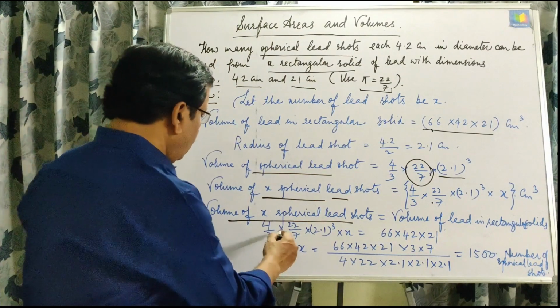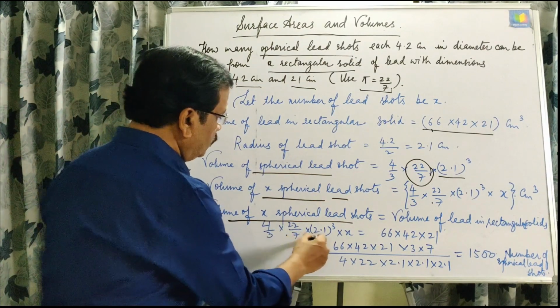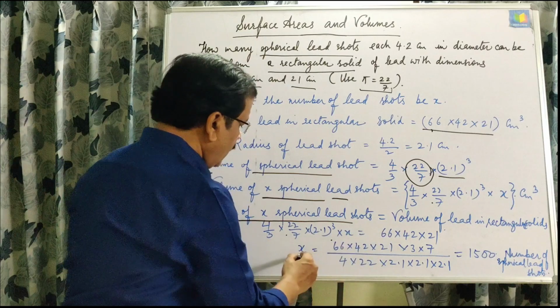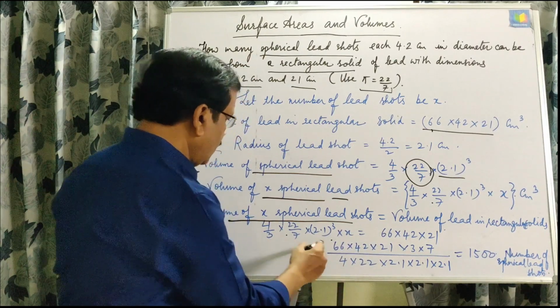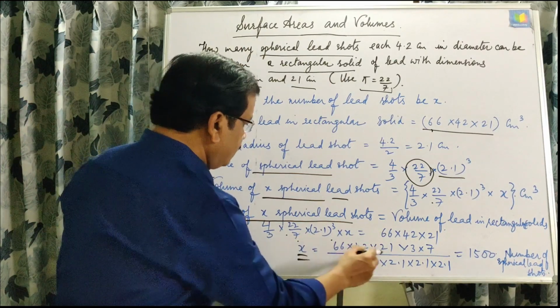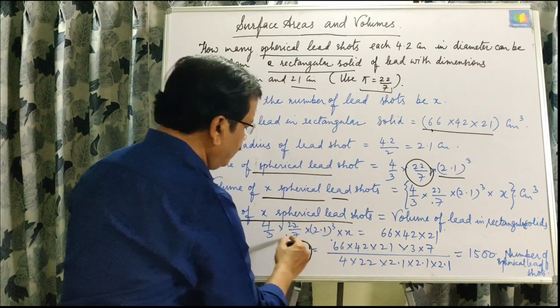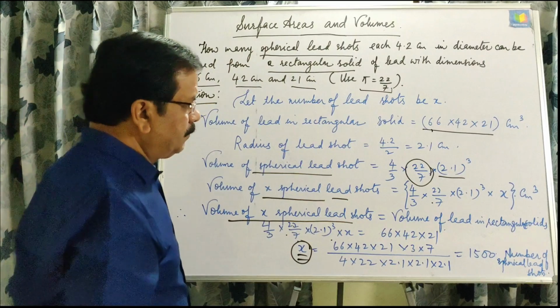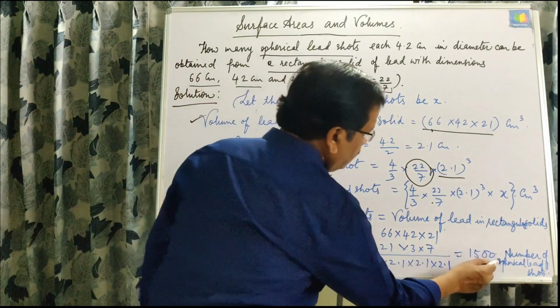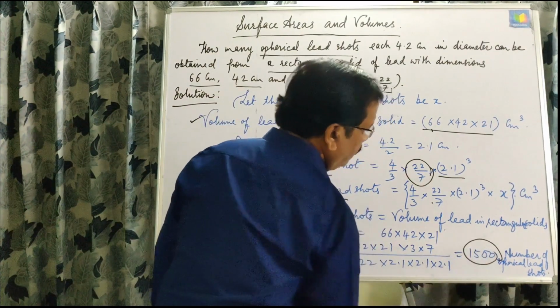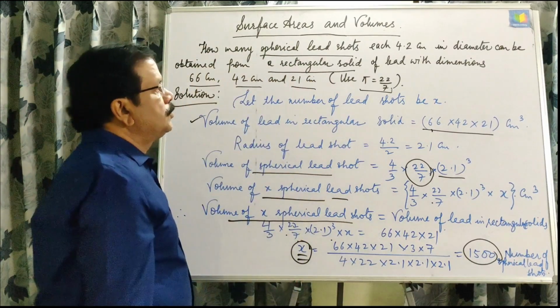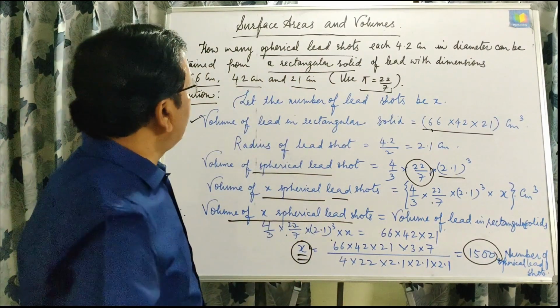After calculating, 7 and 3 will be in the denominator, and X is coming 1500, and this will be the number of spherical lead shots. Okay, and this is the answer.